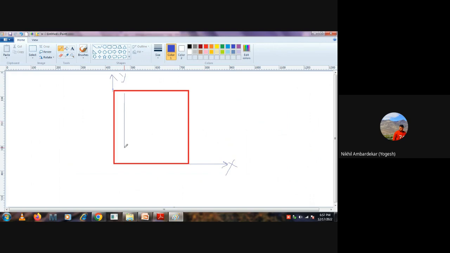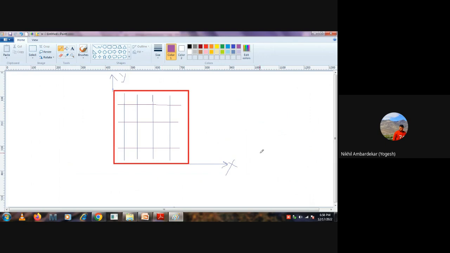Suppose, I'm just providing one example, this blue color represents vertical reinforcement and this purple color represents horizontal reinforcement, irrespective of its spacing and diameter.